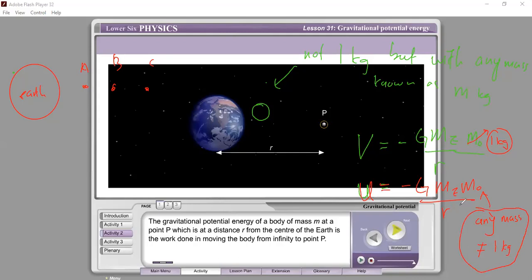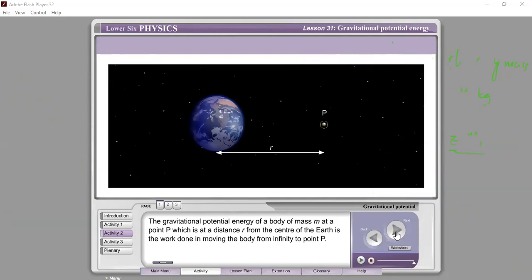That's all, the difference. So at the end we get that V is equal to negative G Me over R, where U, gravitational potential energy, is negative G Me m over R. Later we will go through the formula.